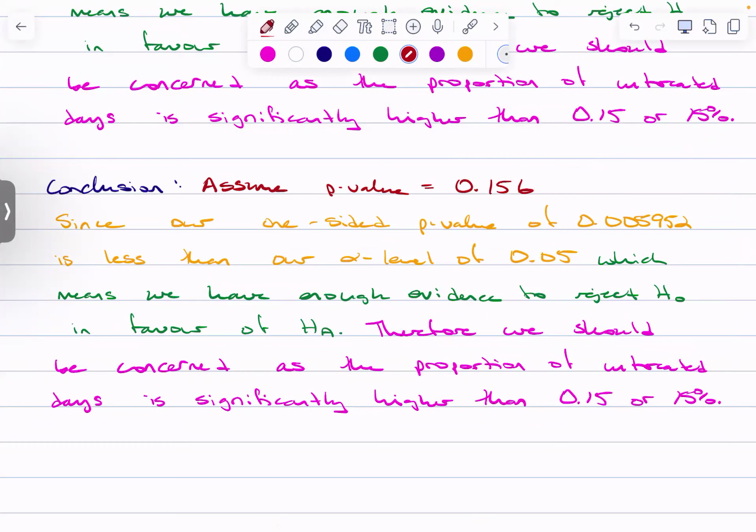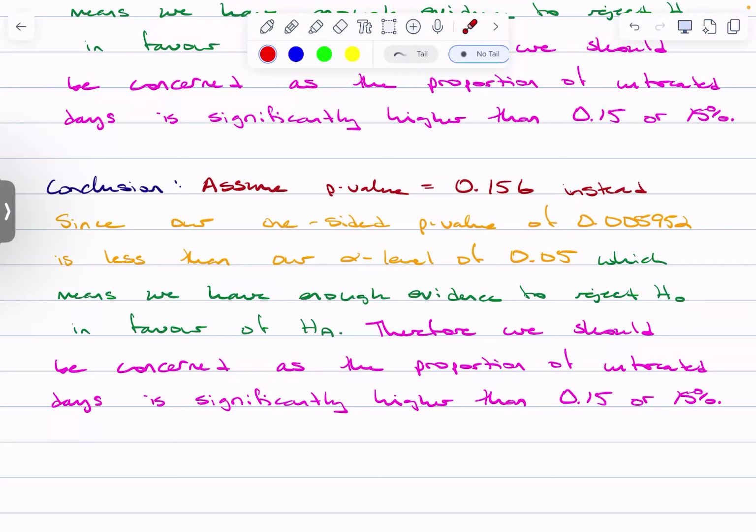Right. Your Z was close, right? So let's say a Z of 1.2 or something like that. You didn't move very far from your hypothesized proportion. And so assume that the p-value, now I'm making it bigger than 0.05, right? Just to see the symmetry.